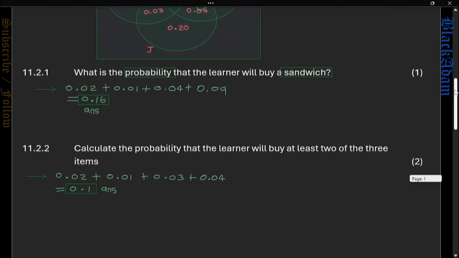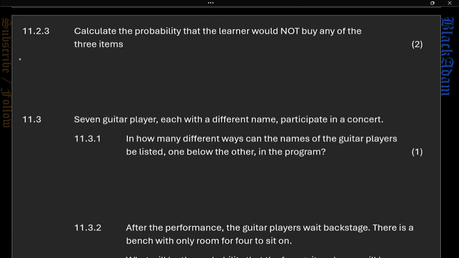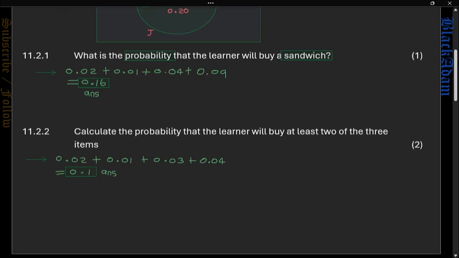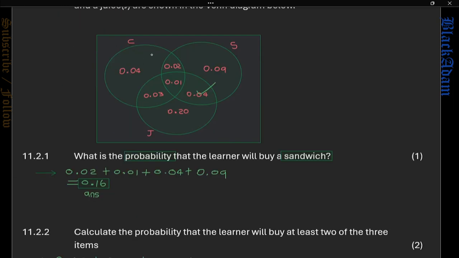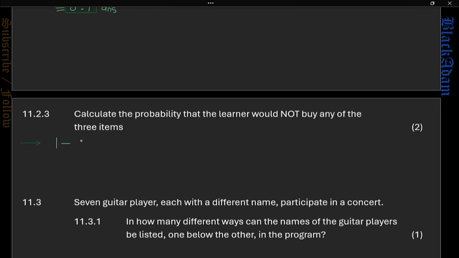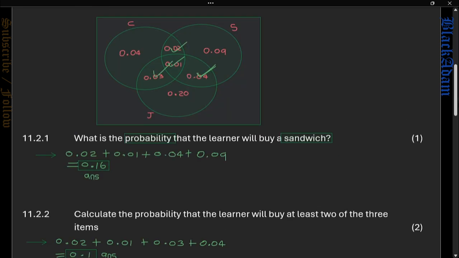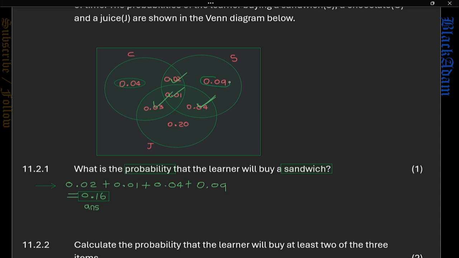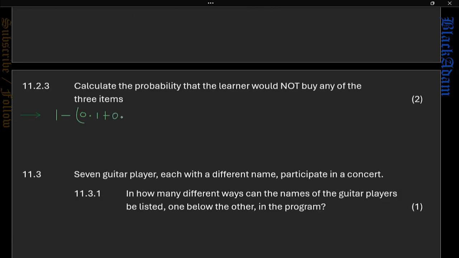Next we go to 11.2.3. Calculate the probability that the learner will not buy any of those 3 items: chocolate, juice, and sandwich. Remember that the intersection gave us 0.1, and then we have 0.04, 0.09 and 0.20. We add those and subtract from 1, which is the total of everything.